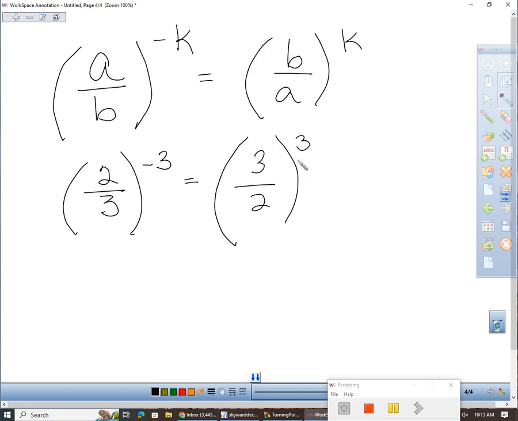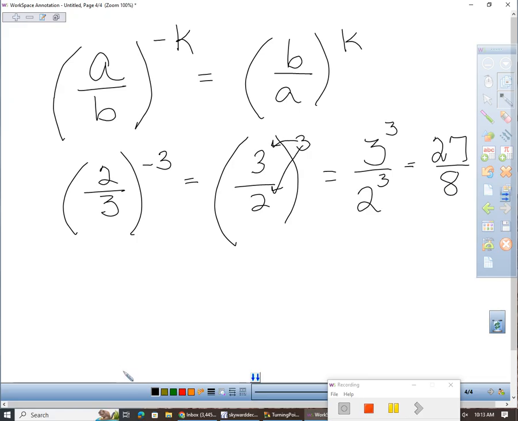We're all good with that rule? Then we are going to give this exponent to everything on the inside. So we end up with 3 to the 3rd power over 2 to the 3rd power. 3 times 3 is 9 times 3 is 27. 2 times 2 is 4 times 2 is 8.